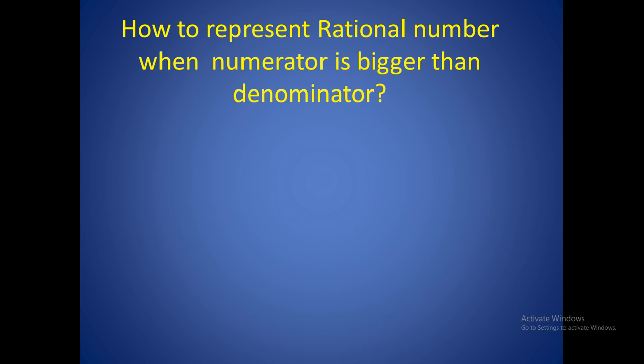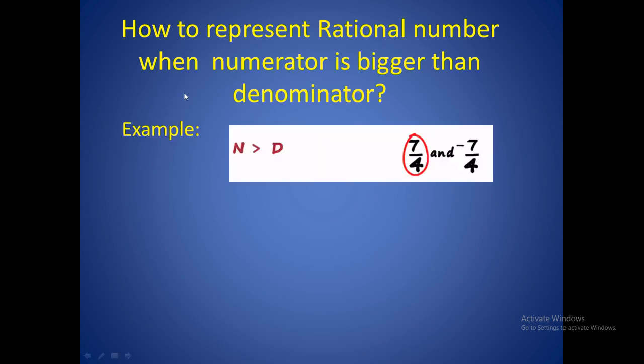type of rational numbers, in which the numerator is bigger than the denominator. We call them improper rational numbers. Let's take one example. If the numerator is bigger than the denominator, for example, 7 by 4. 7 by 4 is a rational number in which numerator 7 is bigger than denominator 4.